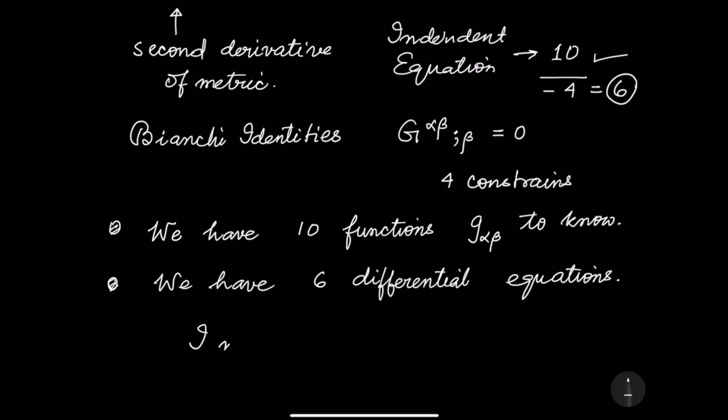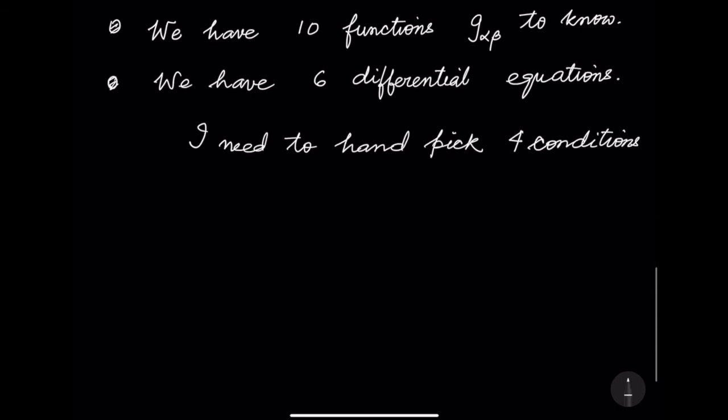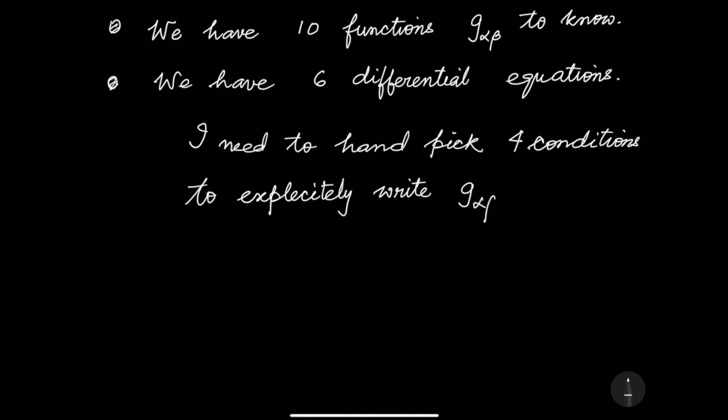So I need to hand pick 4 conditions to explicitly write G alpha beta in a given coordinate system.